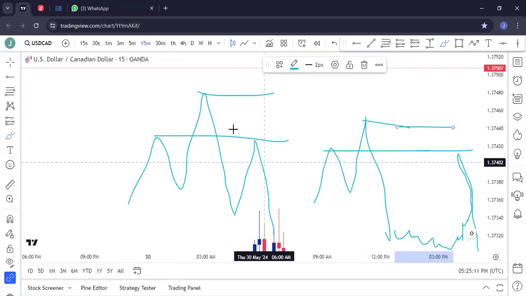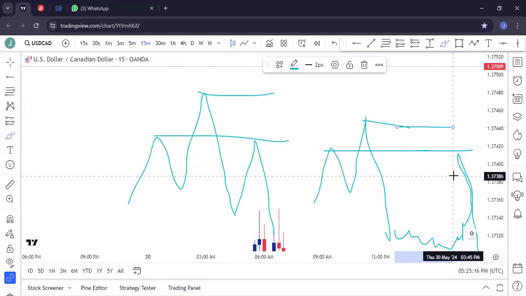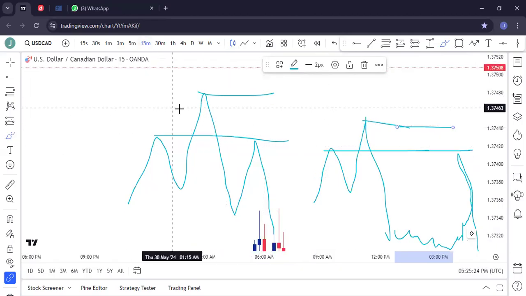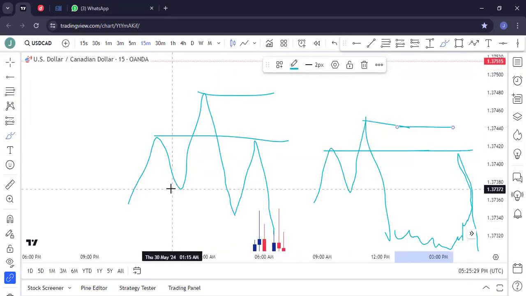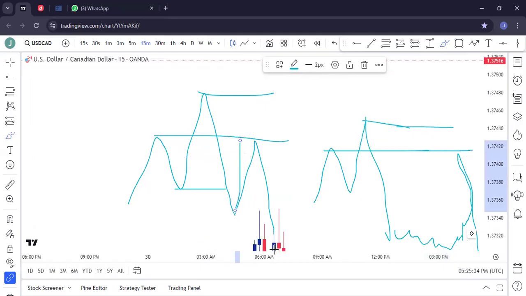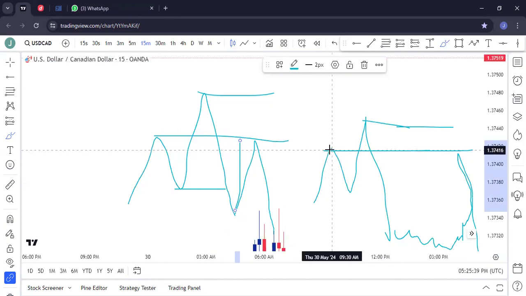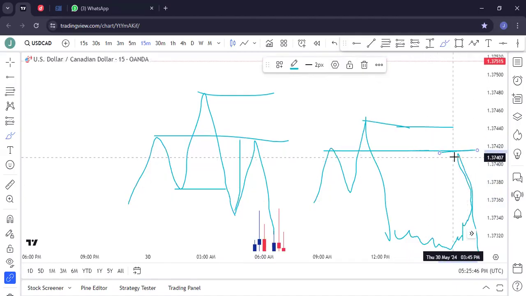This we call a micro retest, and this we call a rounded retest. I need you to keep that in mind. With a micro retest, just after the break of structure, the market can come with just one candle, tap and go. But in the other type, the market creates a round of movement before tapping the entry.